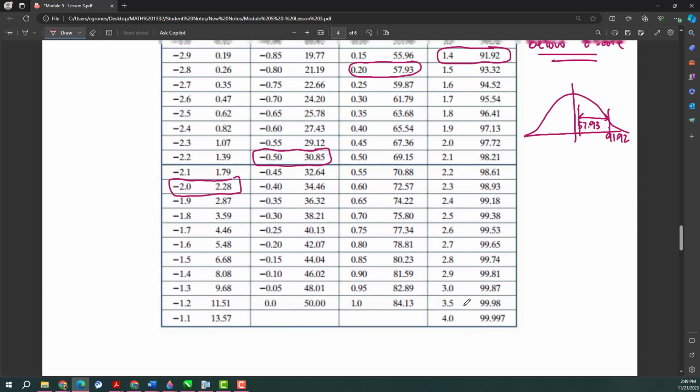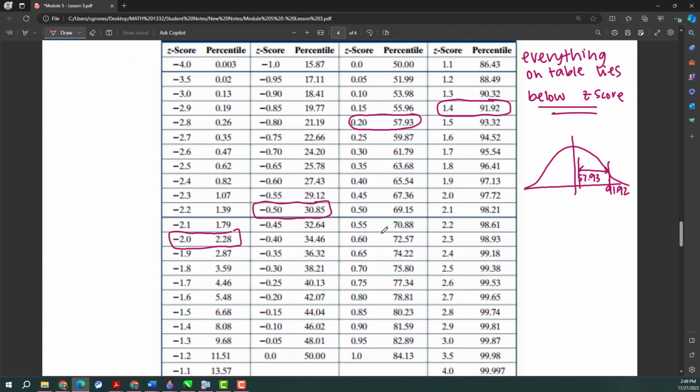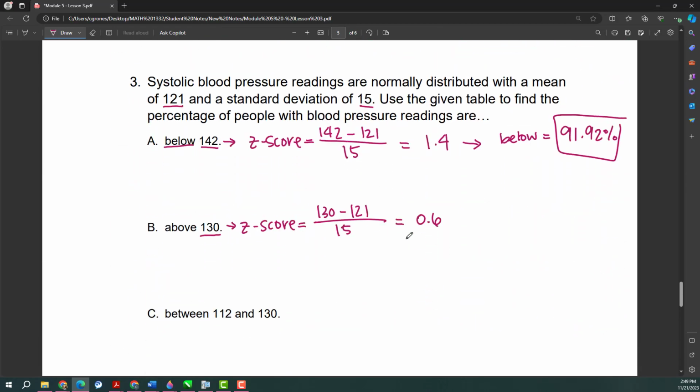And we're going to go to our table. 0.6 is right here, which is 72.57. Okay, so below equals 72.57%. Above equals 100 minus that 72.57, which is 27.43%.